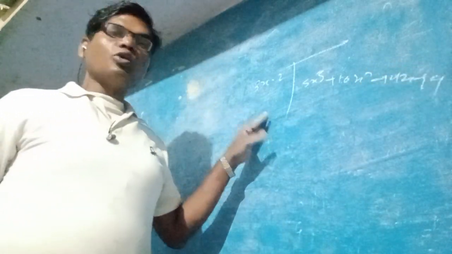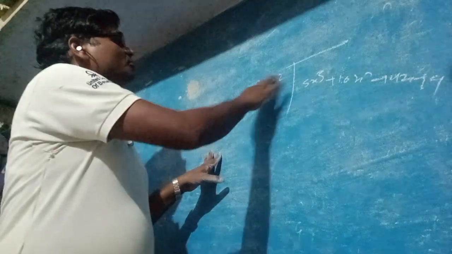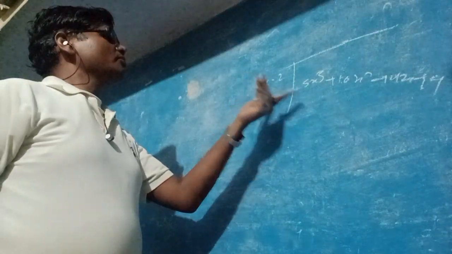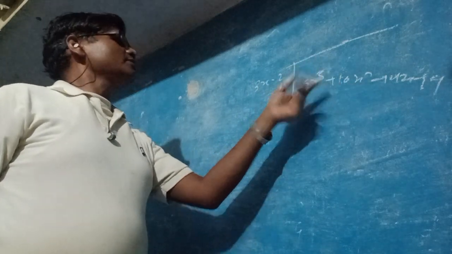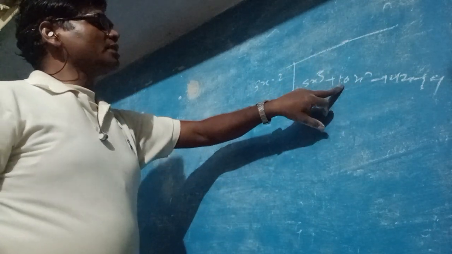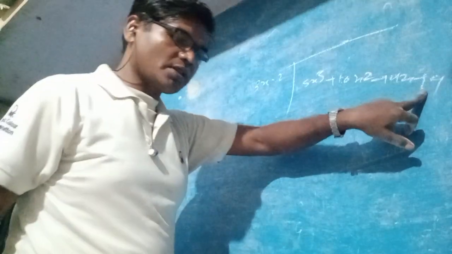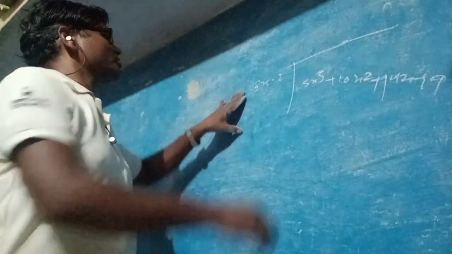With the help of the divisor 3x minus 2, we will divide 3x cube plus 10x square minus 14x plus 9. So we will first take the variables.